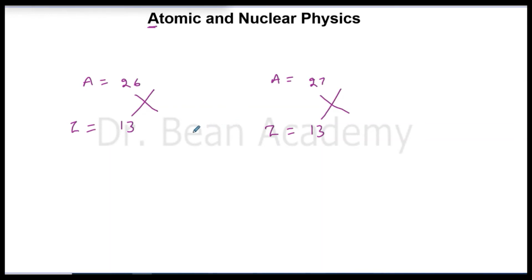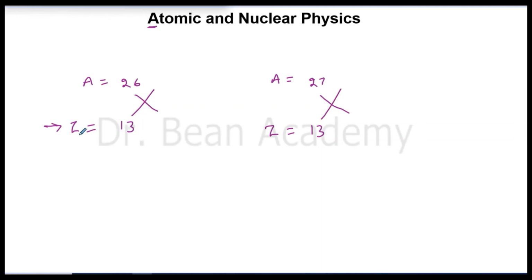So let's solve it. As we know, we can find what the element is only with the atomic number Z, or proton number Z, because this number tells us what the element is. Once I know this number, I can find the element.